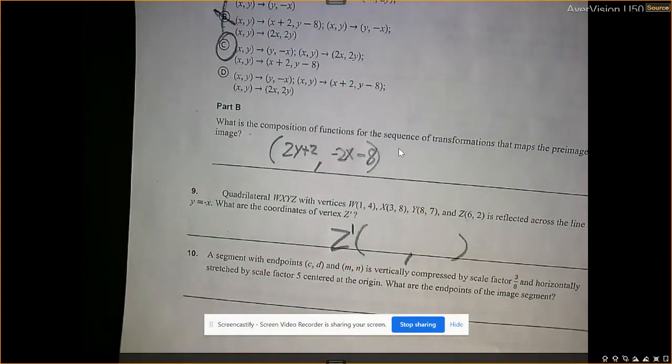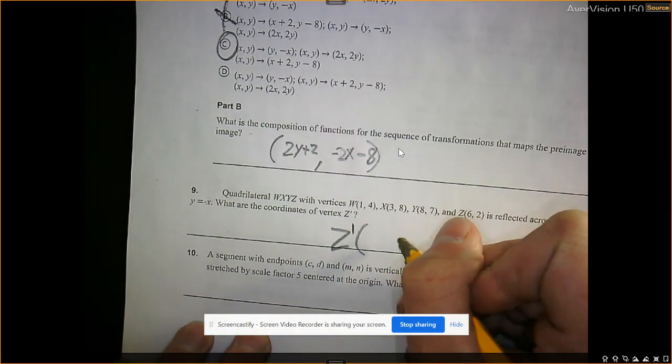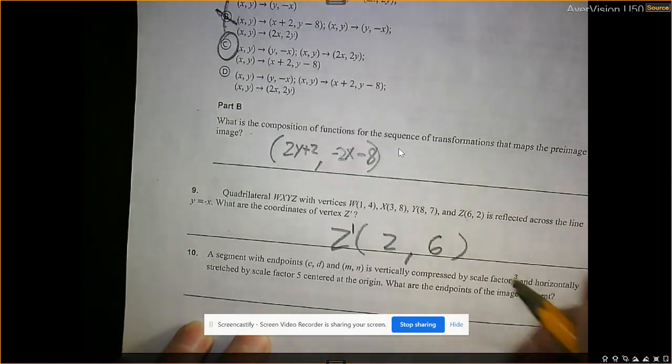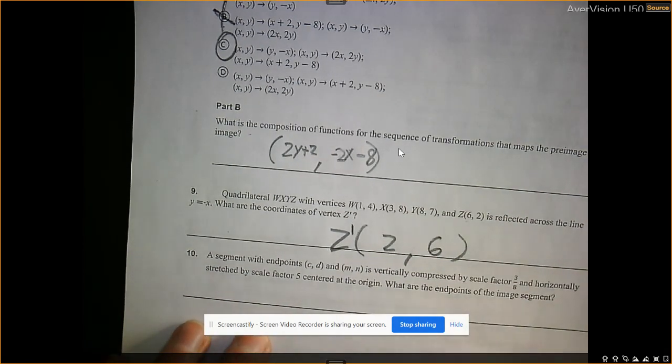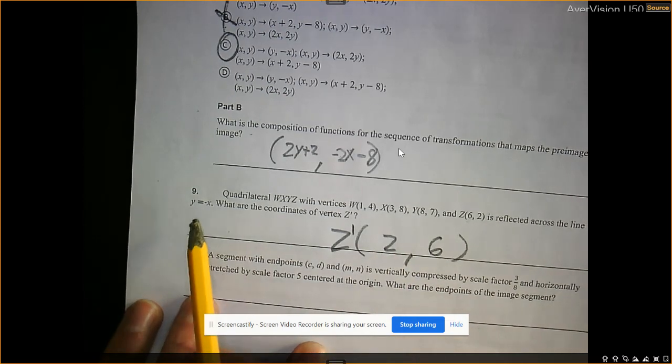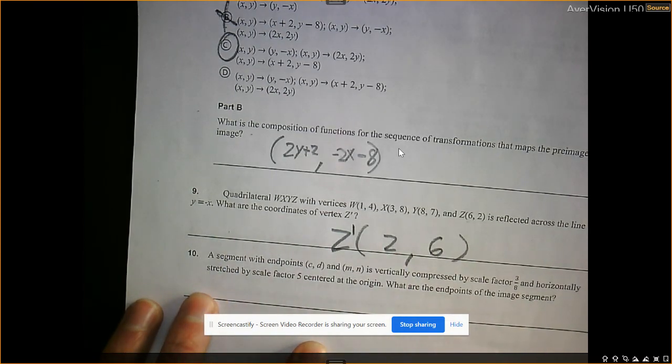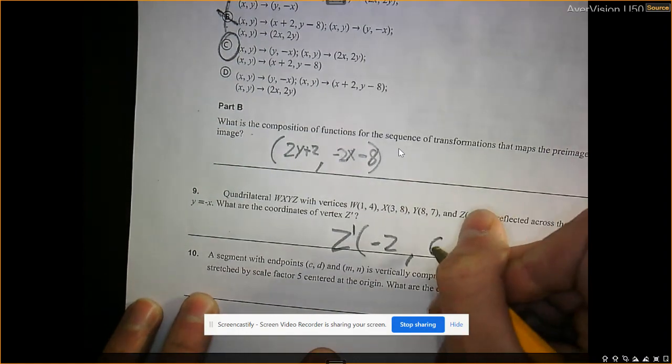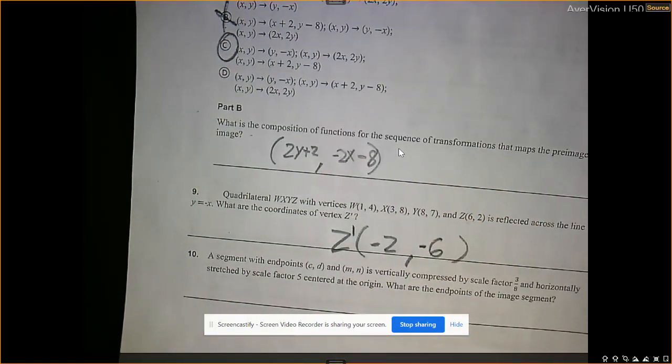Our rule is that you flip the 6 and the 2, so this is now going to be (2, 6). If it was just across the line y equals x, this would be it, but it's across the line y equals negative x, so I also need to change the sign of each. And that is it for that one.